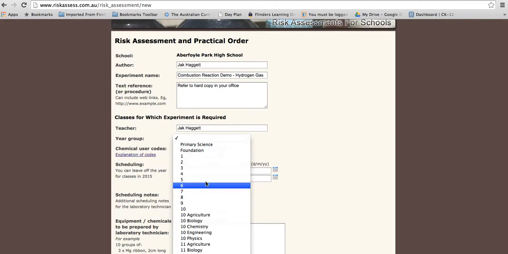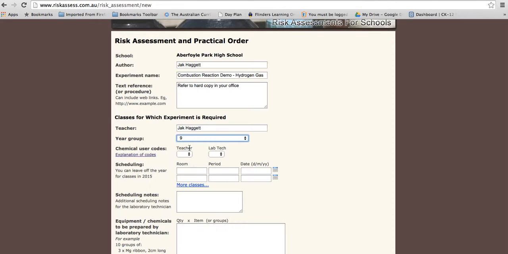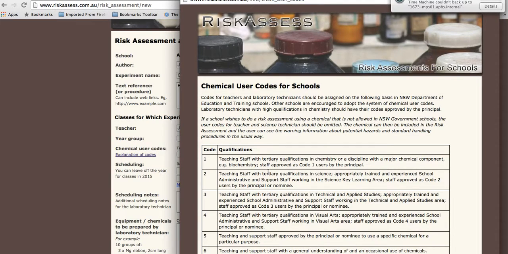Year group. Now, the year group you're going to do this with. So for me, year 9s. Just a reminder too, you're now going to put in your chemical user codes. So just remember, 1 is if you've got a chemistry qualification. 2 if you've got a science tertiary qualification but not in chemistry. 3 is if you've got tertiary qualifications in technical and applied studies, okay, and so on.